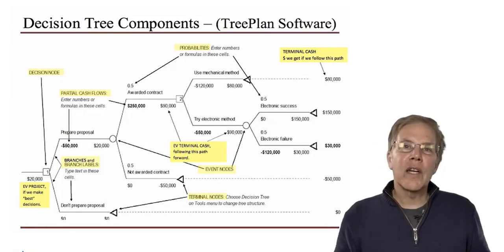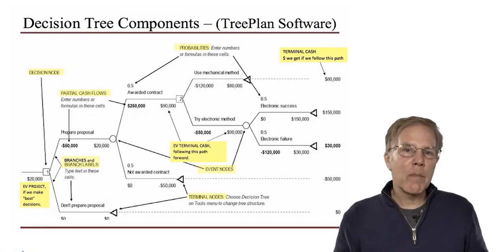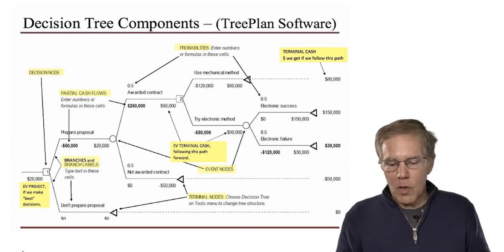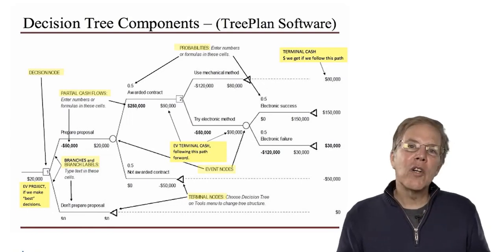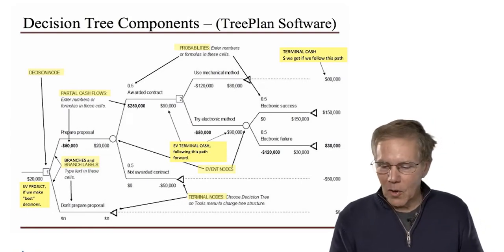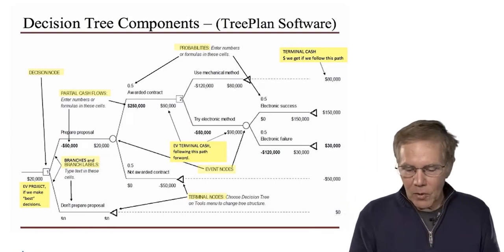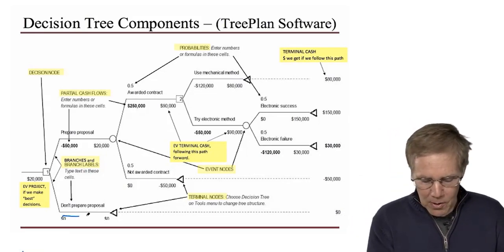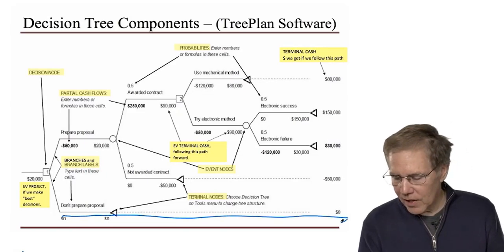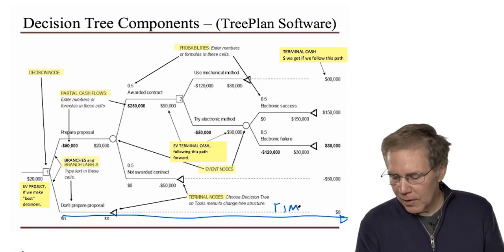So using the TreePlan graphic format, I'm going to go over on this slide, certainly not everything on this slide which looks so confusing, but the important things for us. Okay, so here is a decision tree, and the first thing to know about this decision tree is that the x-axis is always time or stage.